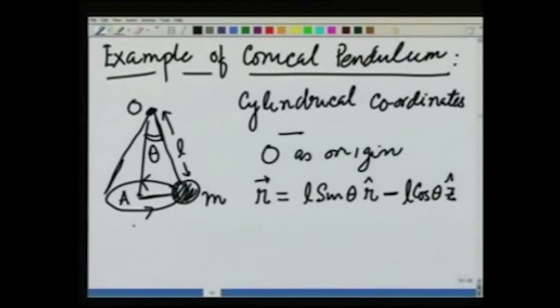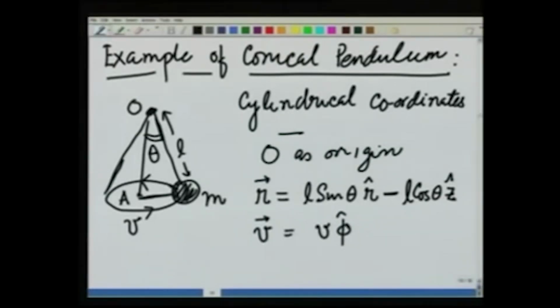Let me also say that this bob is moving with velocity v in the circle. V is always in phi direction. So, velocity v is equal to the magnitude v times unit vector phi.